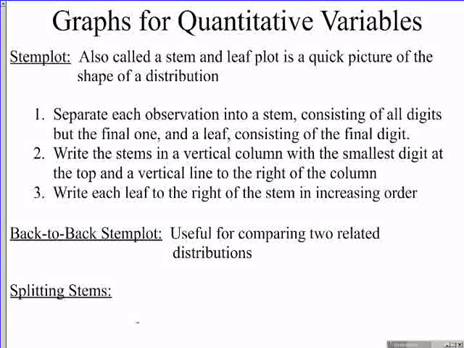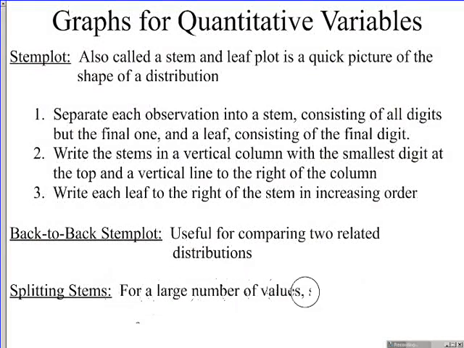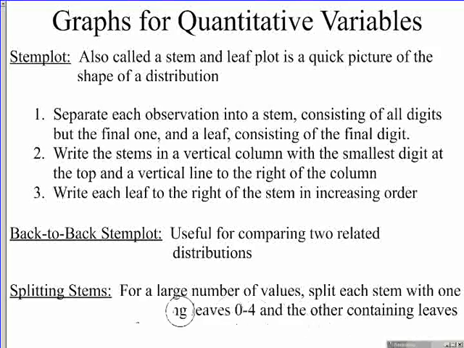Something else that may be necessary when doing any type of stem plot is splitting the stems. For a large number of values, we're going to split each stem, with one containing the leaves 0 through 4 and the other containing the leaves 5 through 9.